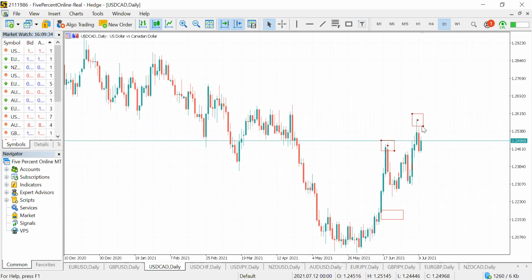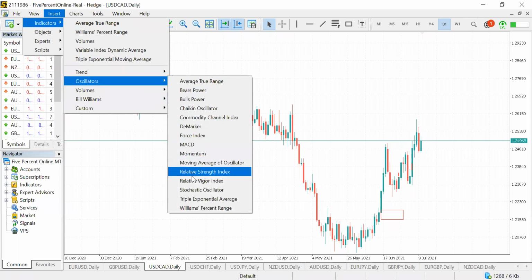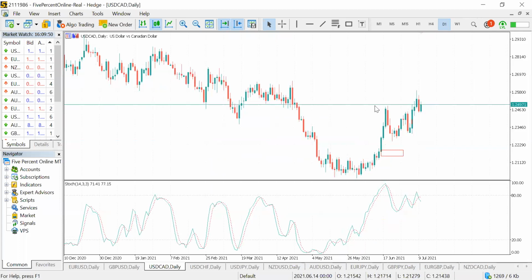So in the long term, we could see this continuing higher. However, let's just confirm that. You can see this movement, how weak was it?